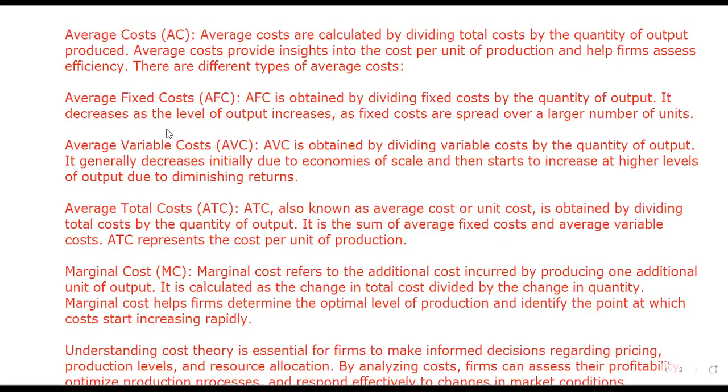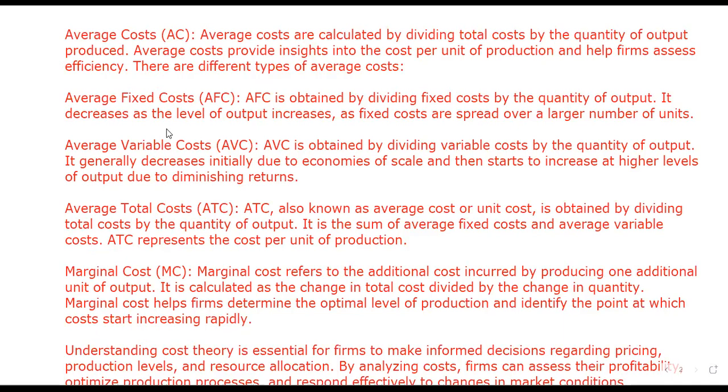So what are the average variable costs or average total costs? Average total costs are calculated by dividing all total costs by the quantity or output produced. The average costs provide insight into the cost per unit of production and help the firm assess the efficiency.